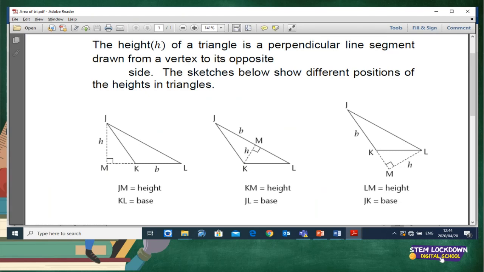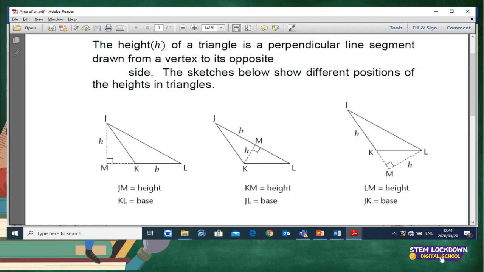You can see the first one there, we've got triangle KLJ. And of course, your height there is JM. That is your height, and your base is KL. I'm talking about the first triangle. You can see that we have drawn a line from J, which will be perpendicular to the line KL.